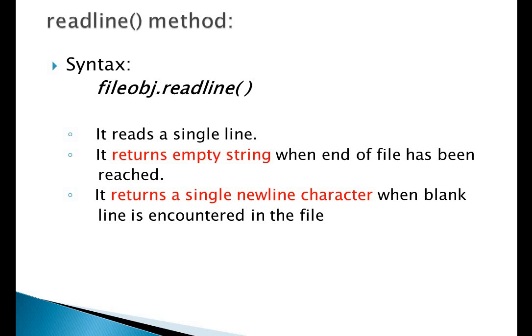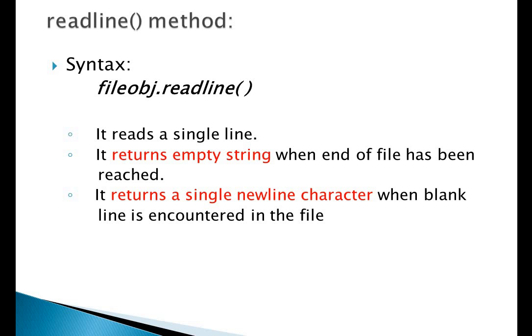And whenever a blank line is encountered in the file, it returns a new line character. So it reads a single line at a time. There are two cases. If blank line is encountered, it returns a new line character, and if end of file is encountered, it returns empty string.